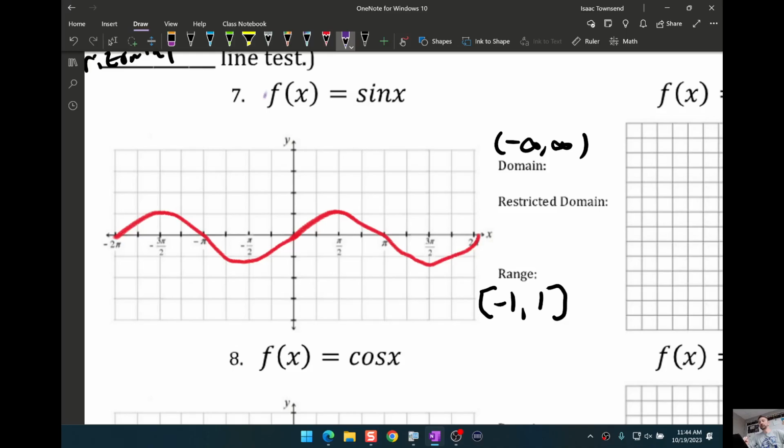But I need to ignore part of this function. I need to ignore part of it to make it one-to-one. So what we do is we choose to ignore as little of the function as we can, but what's left behind needs to be one-to-one. Do you see how this leftover piece is now one-to-one? It passes both the vertical and the horizontal line test.